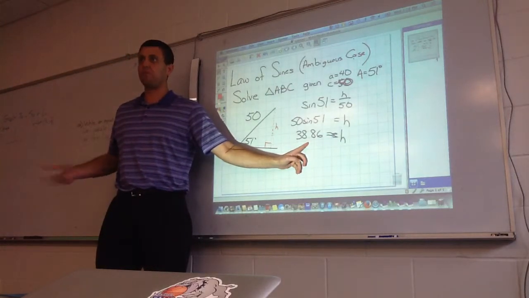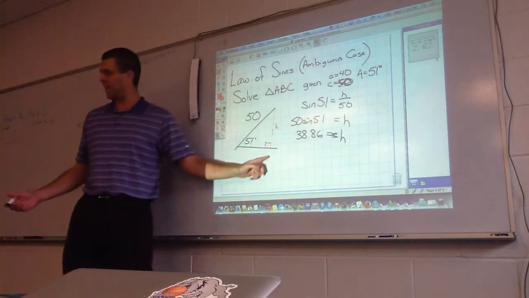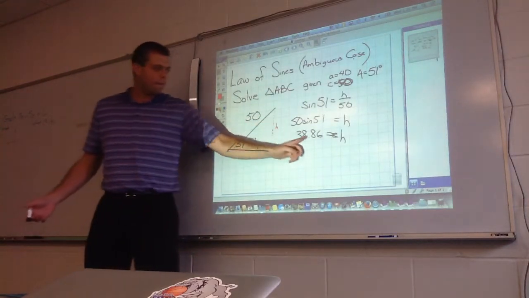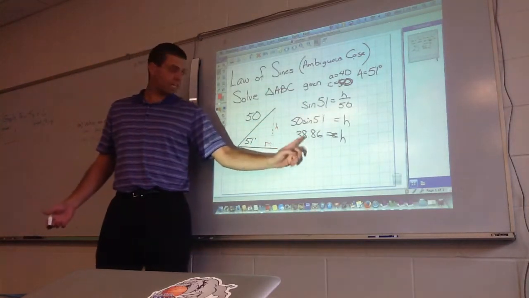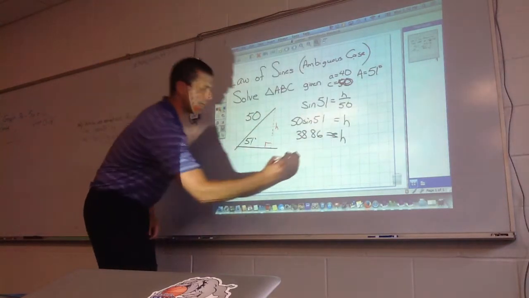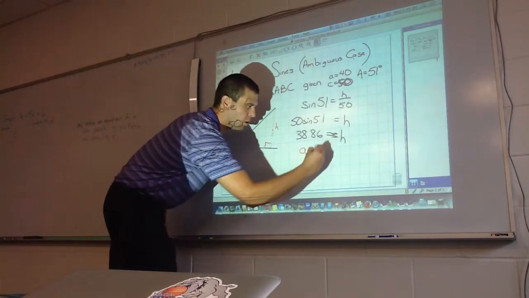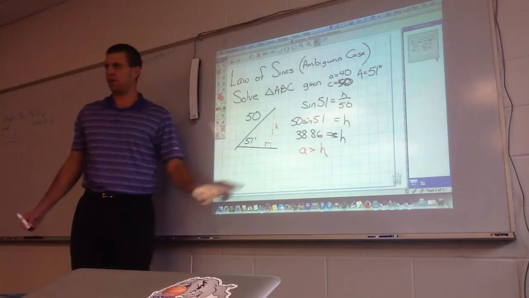Agreed? Yep. If this were a right triangle. Because we used SOHCAHTOA and we figured out what that height would be. But unfortunately, A is, in this case, longer than what the height would be, right? So in this case, A is greater than what we figured out the H value would be.